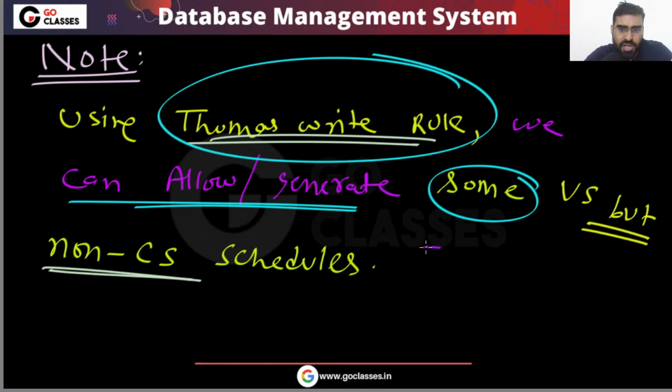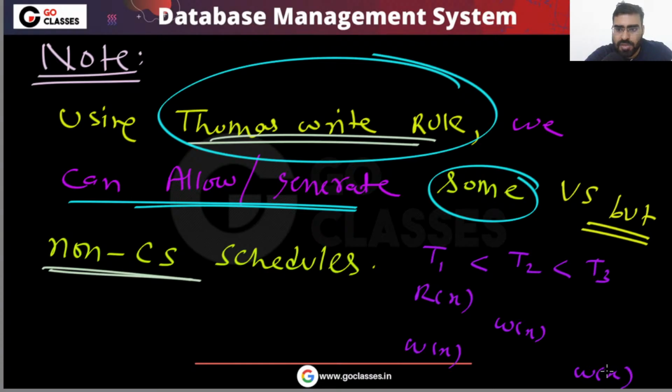Okay, example you already know. Example is this T1, T2, T3. This is the read operation, then this is the write operation, then this is the write operation, this is the write operation. You can very easily see the example. So this will be ignored.